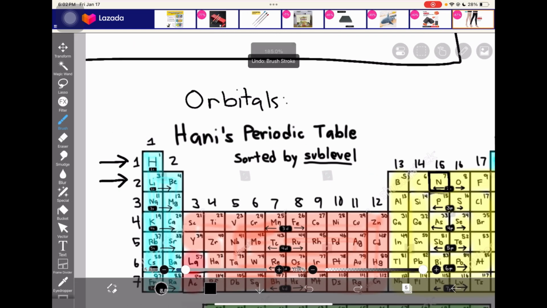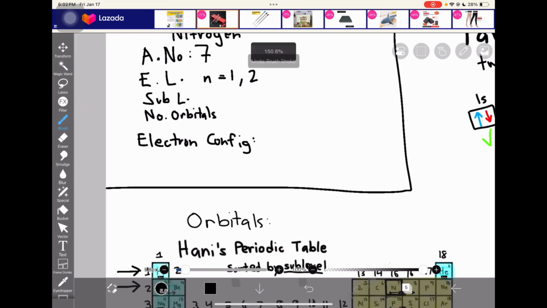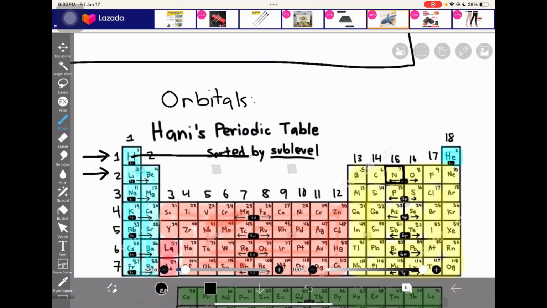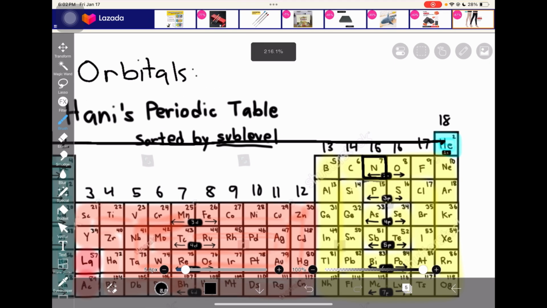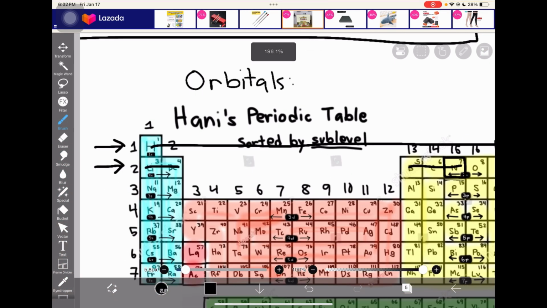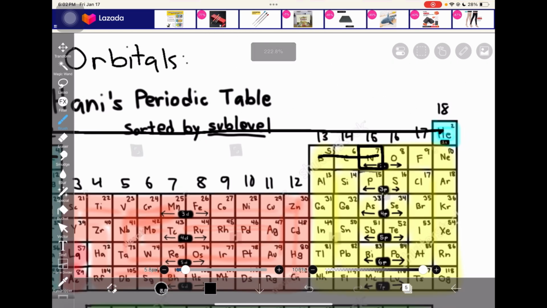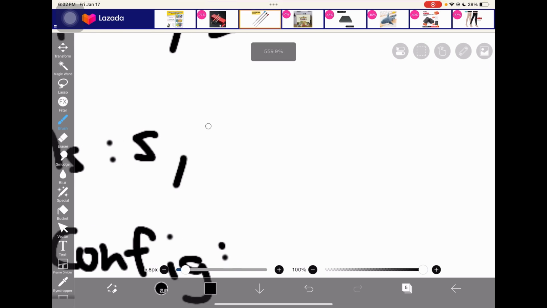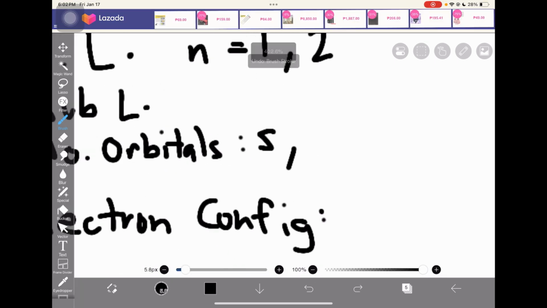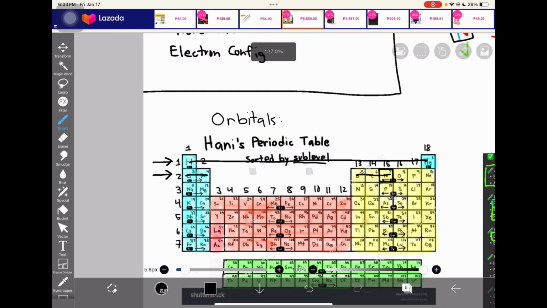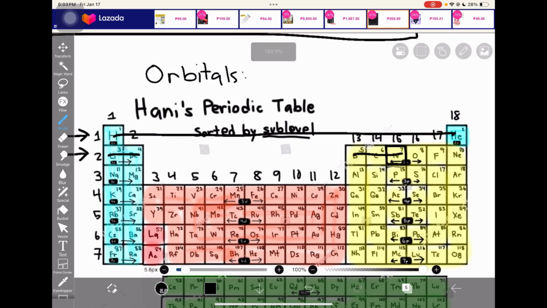For the sublevels, once again, you just have to count how many colors you passed by until you get to nitrogen. So that's blue, blue again, and once again, we only have blue and yellow, which represent the S block and the P block. So S and P. Now for the number of orbitals, we have to pay attention to the numbers here.